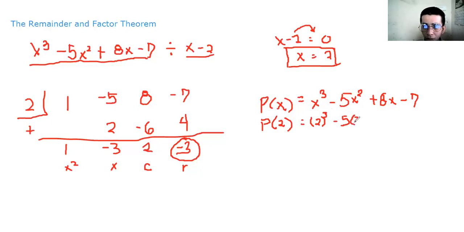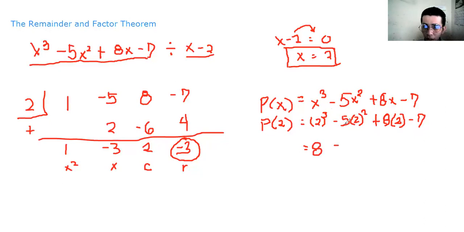So, by this method, hindi na natin kailangan mag-synthetic or long division. Kundi, papalitan lang natin lahat ng value ng ating x ng positive 2. Then, compute natin. 2 raised to 3, that is 8. 2 times 2, 4 times 2, 8. So, 2 cubed, that is 8.